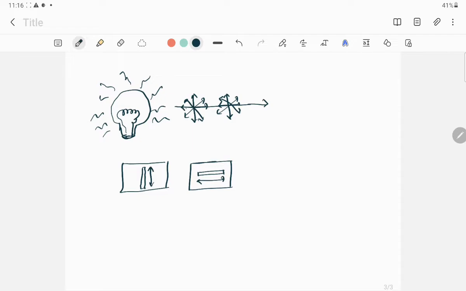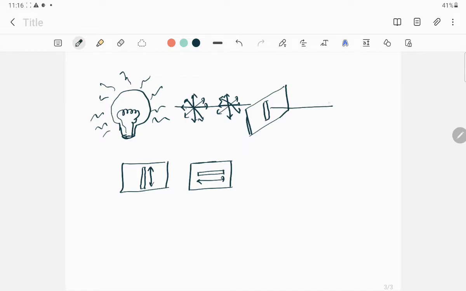Now suppose I put here a polarizer that allows only the vertical component to pass. My diagram is not that good, so let me draw it in a bigger way. We have this kind of slit, or you can say a vertical orientation.